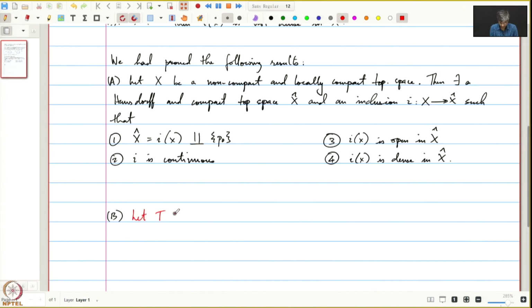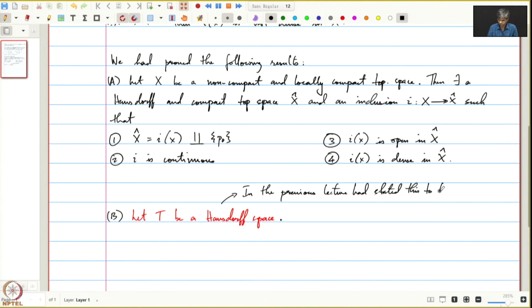So I just want to correct this. Compactness is not required. We only need T to be a Hausdorff space.